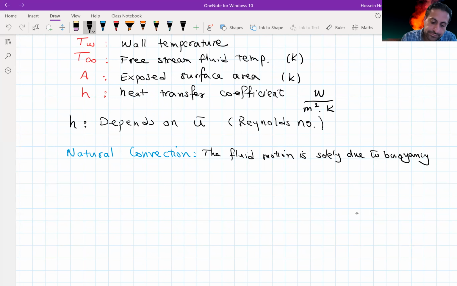And so you would see that, let's say if we have a vertical plane, the less dense fluid starts rising up. Now, of course, the angle this plane is making with respect to the vertical is going to make a difference in terms of the heat transfer coefficients that we are going to see here.